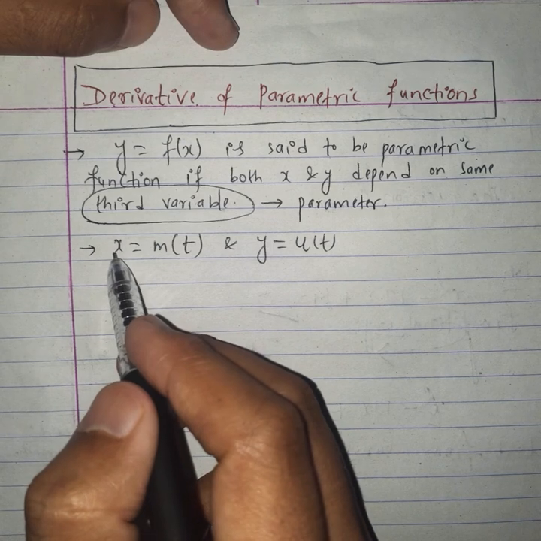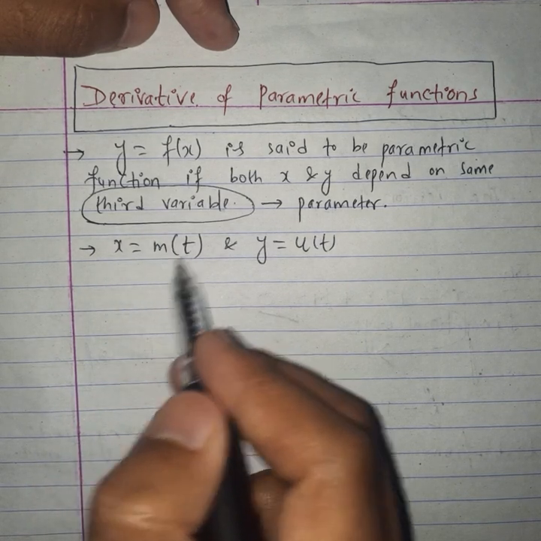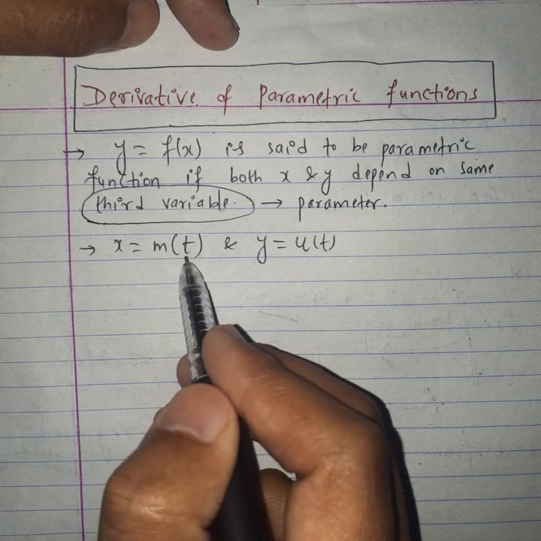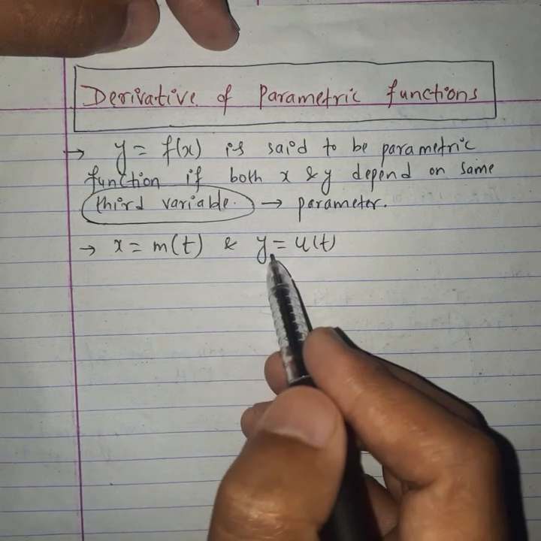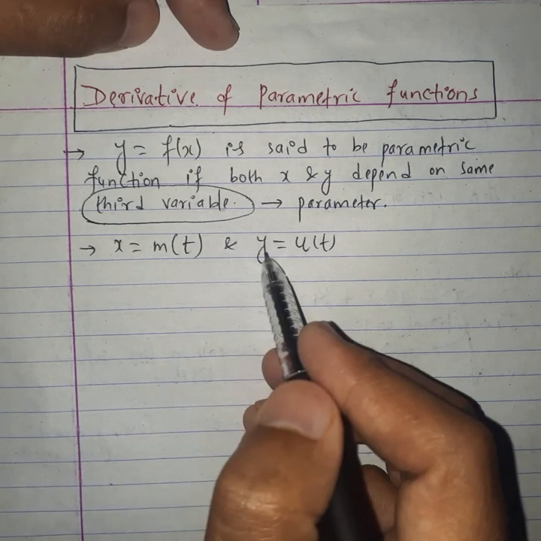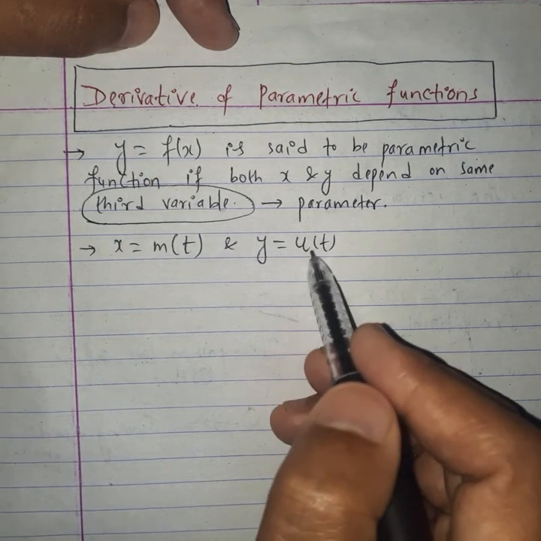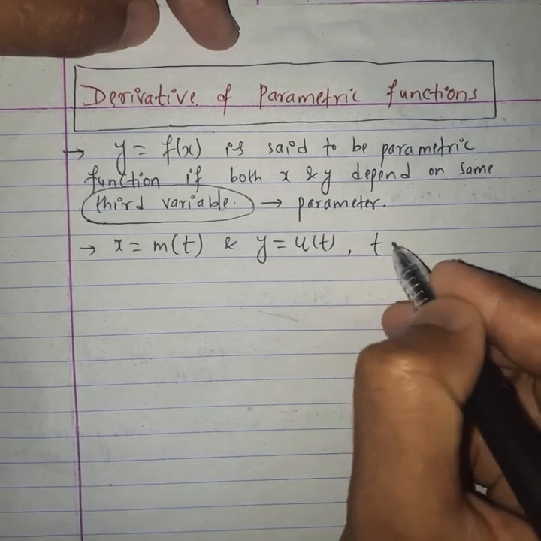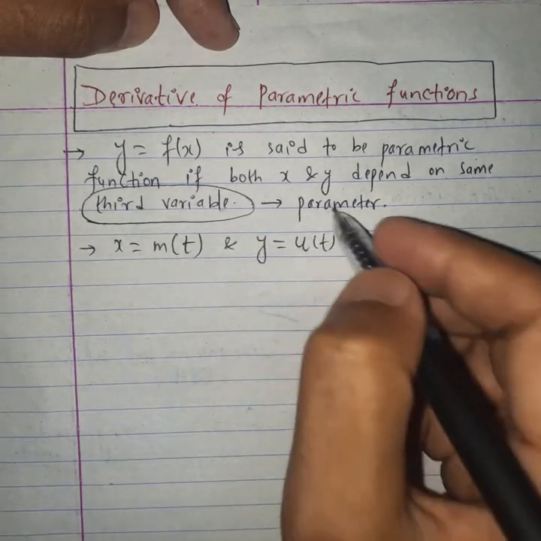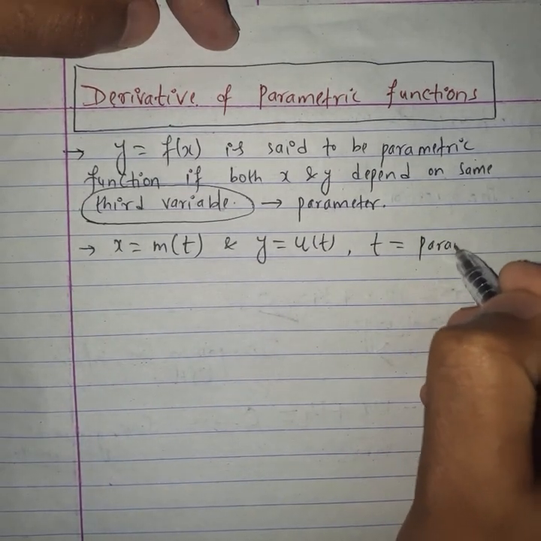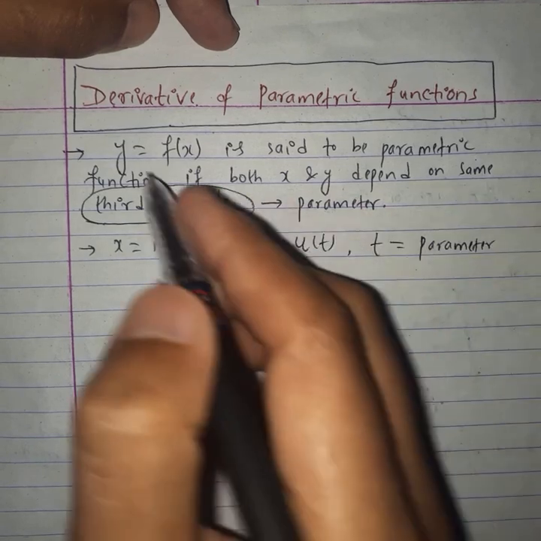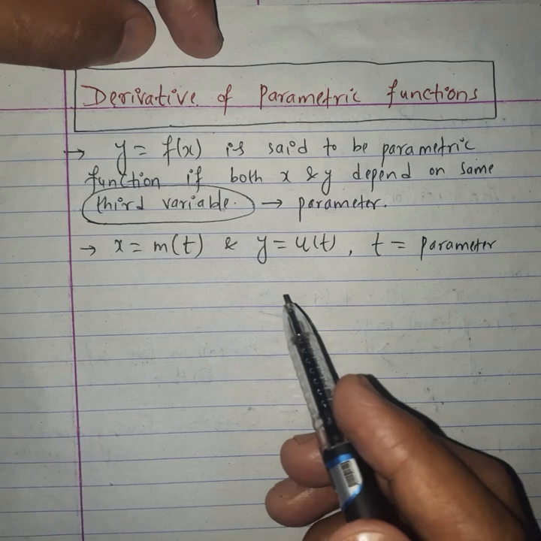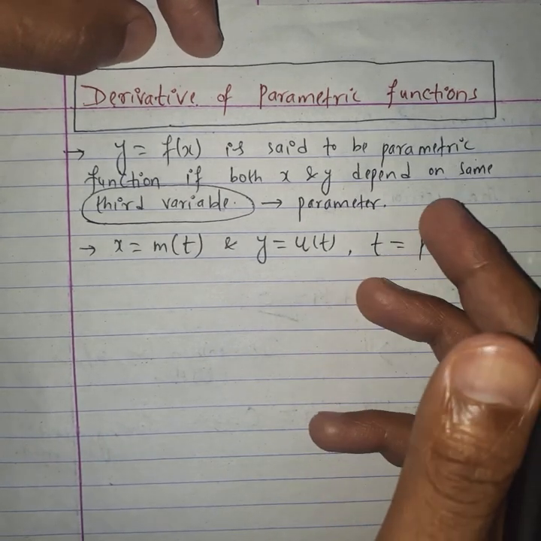Here the input variable x is a function of the third variable t, and the output variable y is also a function of the same variable t, and here t is the third variable, so it is called the parameter. It is the parameter of both the variables x and y. It is the basic concept of the parametric function. This is the definition of the parametric function.